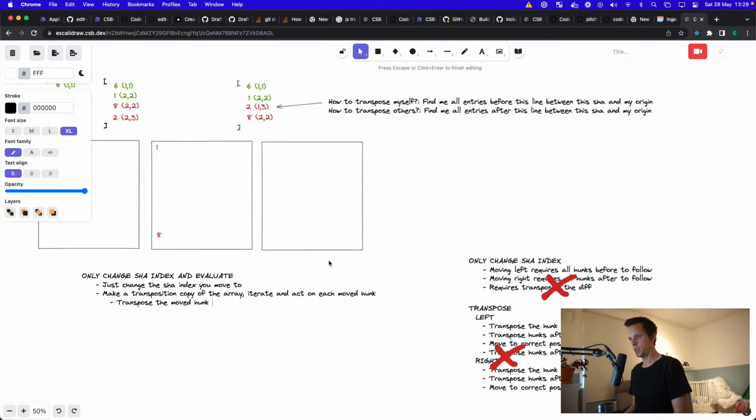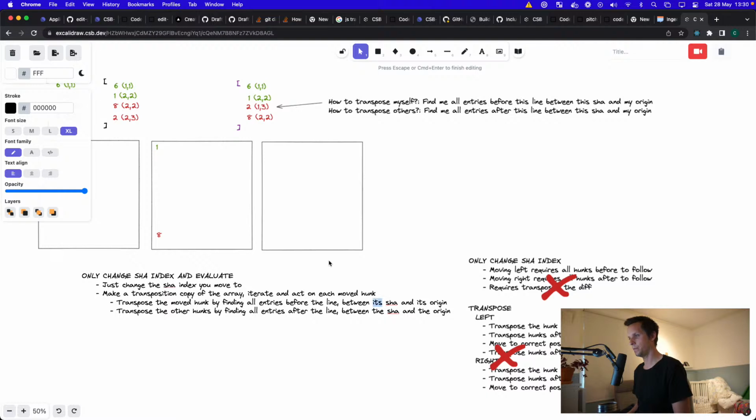Transpose the moved hunk by finding all entries before the line between its SHA and its origin, and then transpose other hunks by finding all entries after the line between the SHA and the origin.